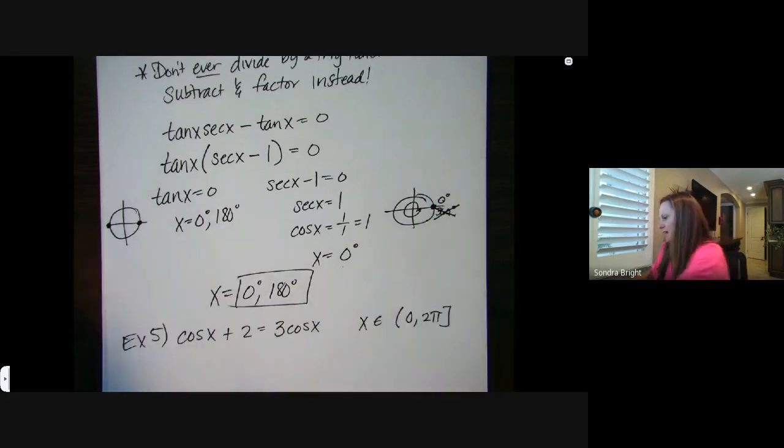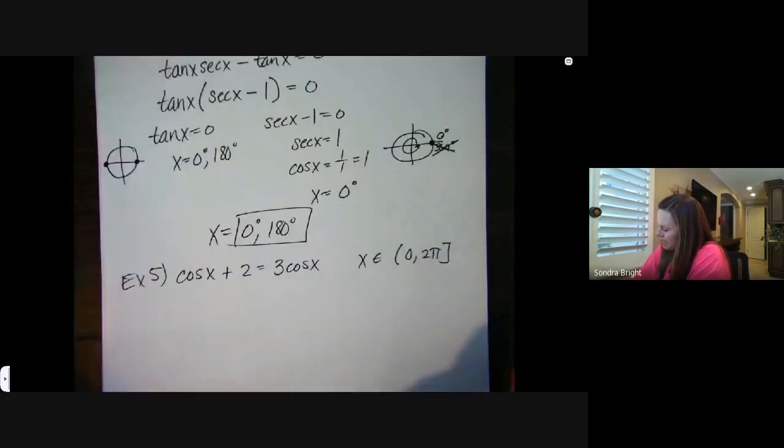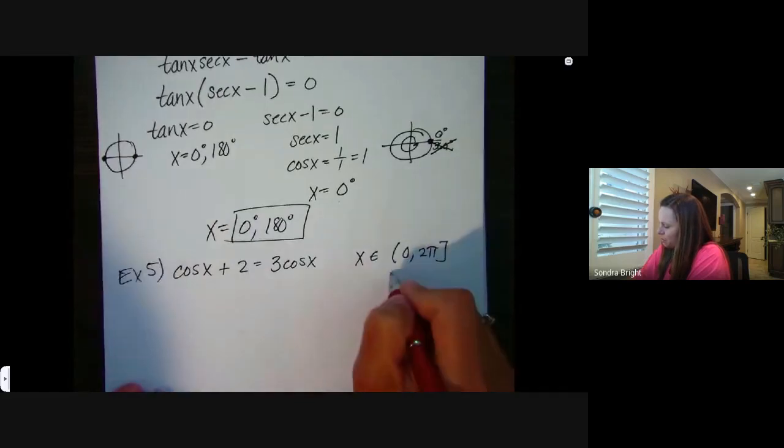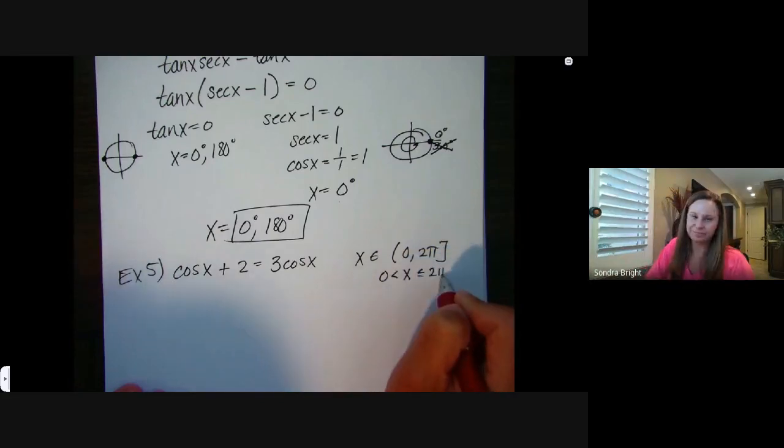All right, I'm not a fan of this question, but whatever. This means if you get a 0 or a 2 pi, you don't include the 0, you do include the 2 pi as your answer.